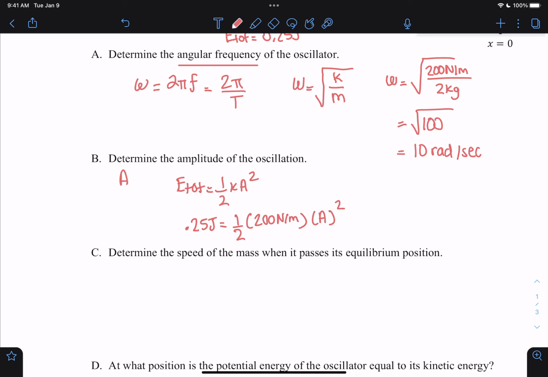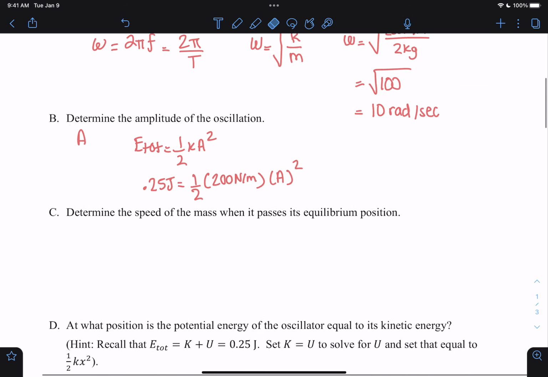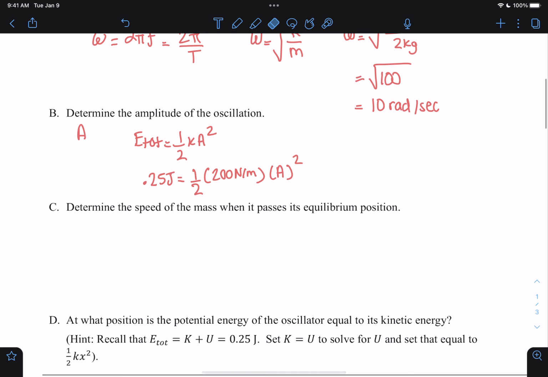And there we go. So we have our total energy is equal to 1/2 times 200 newtons per meter times our amplitude squared, right? So if we go ahead and solve for that, we should get an amplitude of, I think, 0.05 meters, right?